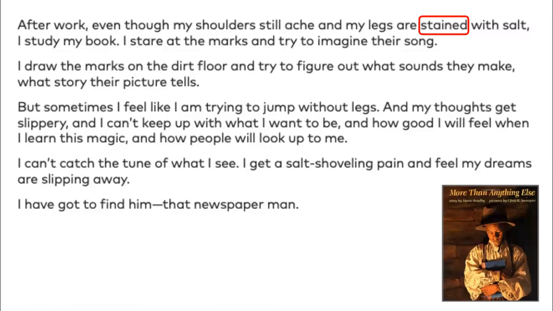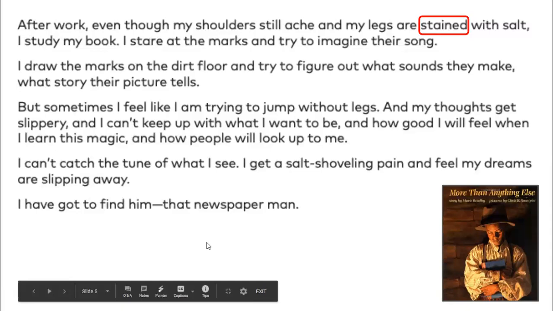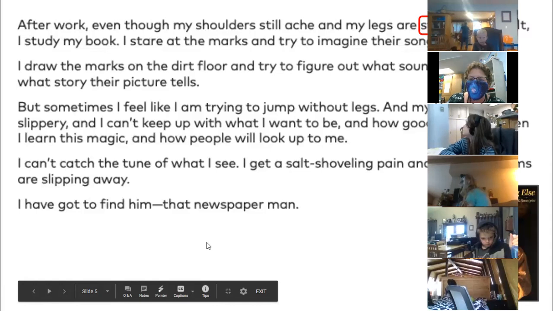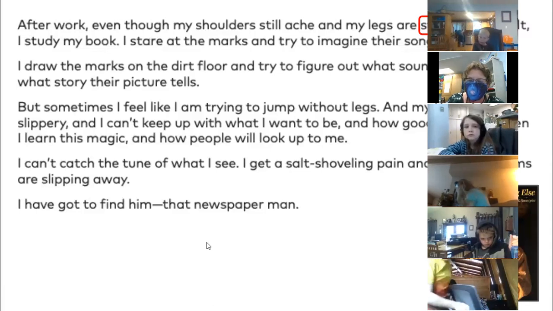Yes, I gotcha. All right, so did anybody see any figurative language? Anything that doesn't actually mean what it sounds like? My friends at home, did anybody see a sentence there that looks like it's something slightly different than what it really means? Lila.